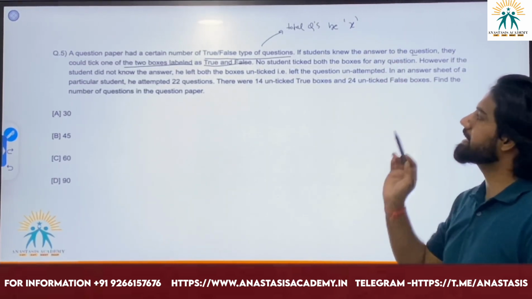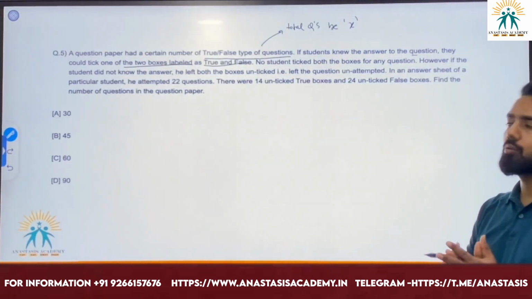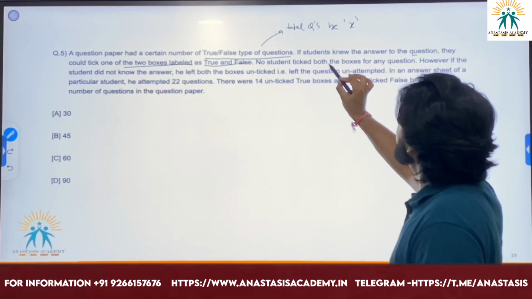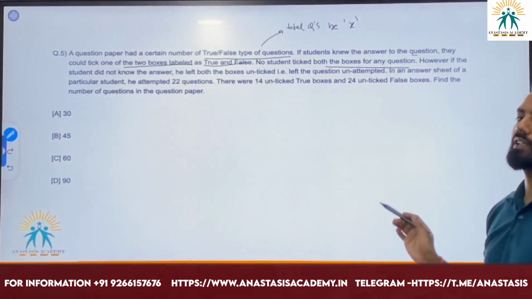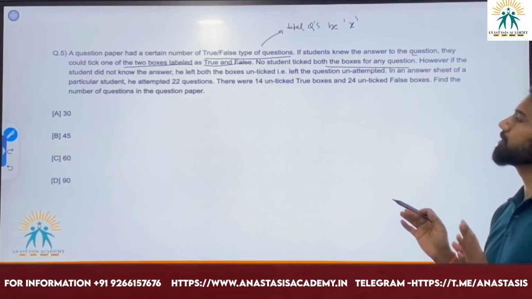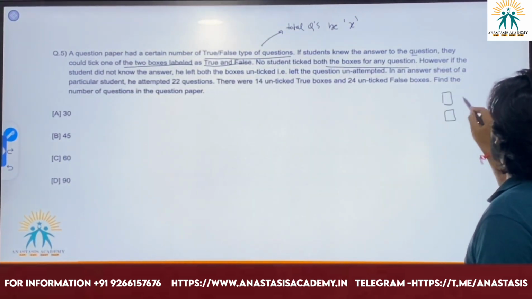Total there are x questions, so there would be a total of x true boxes and x false boxes. No student ticked both the boxes for any question. Out of the total students, none chose both boxes, true and false.